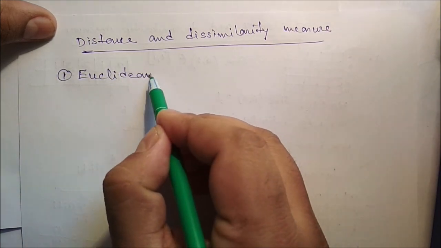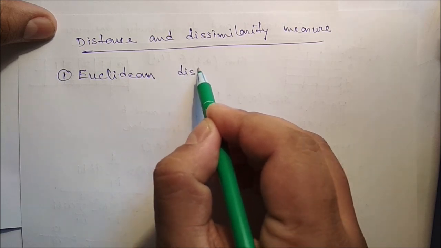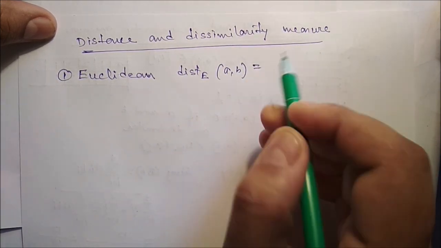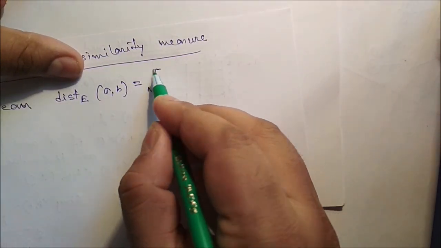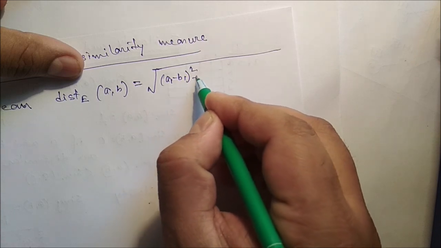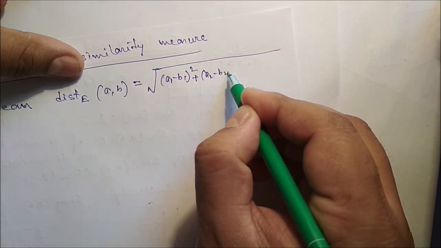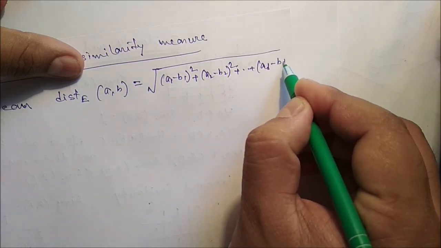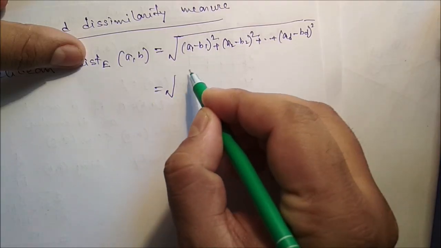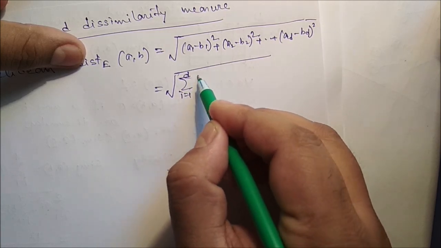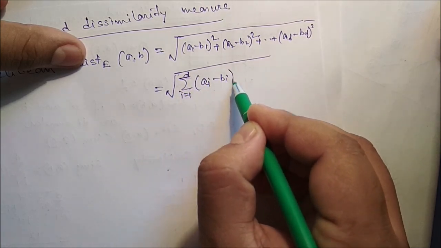The Euclidean distance between A and B has a very simple formula: square root of (A1 minus B1) square plus (A2 minus B2) square up to (AD minus BD) square. In compact form, we can write the square root of the summation from i equal to 1 to D of (AI minus BI) square.